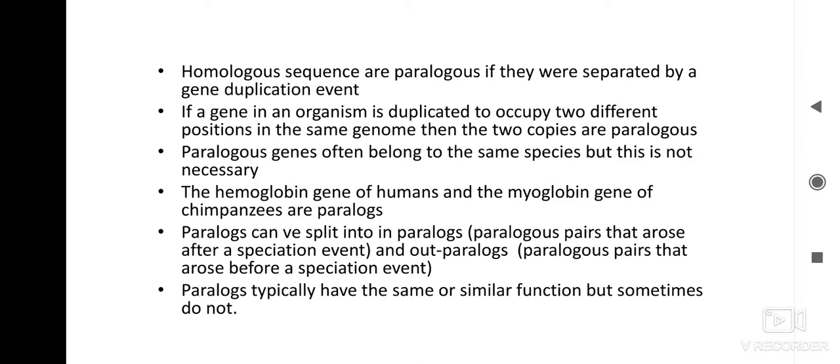The hemoglobin gene of humans and the myoglobin gene of chimpanzees are paralogous. Paralogs can be split into in-paralogs and out-paralogs. Paralogs typically have the same or similar function but sometimes do not. Same function ചിലപ്പോൾ അല്ലെങ്കിൽ ഡിഫറെൻറ്റ് ഫങ്ഷൻ കാണിക്കും.